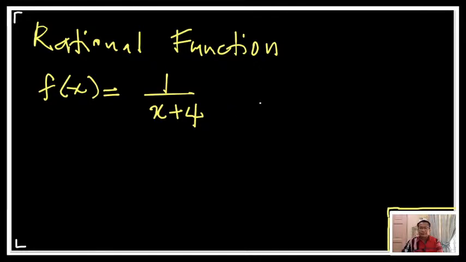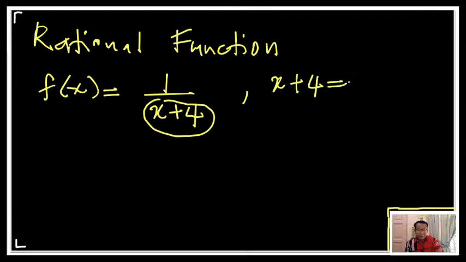So this part, the denominator will become 0 if x + 4 equal to 0. So x equal to -4. The function cannot accept -4.